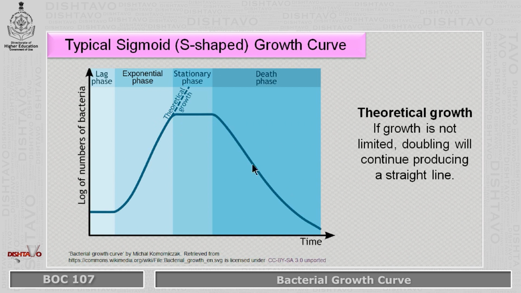And the last stage is the death phase, where the number of bacteria starts to decline. Now this broken line represents theoretical growth, wherein if the growth is not limited, maybe due to the depletion of the nutrients, doubling will continue producing a straight line.